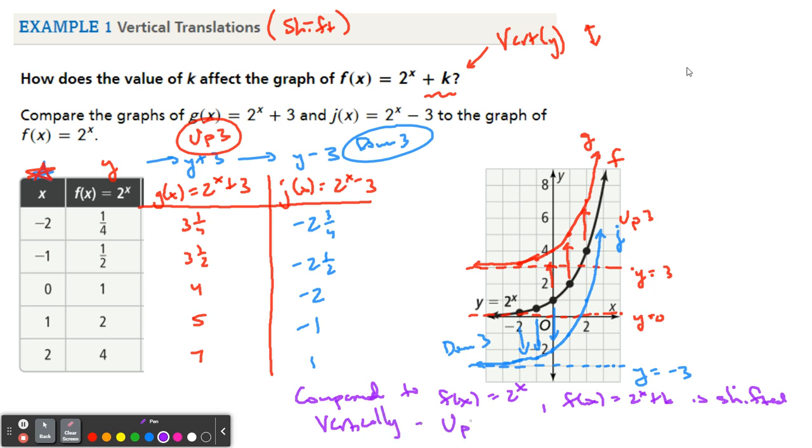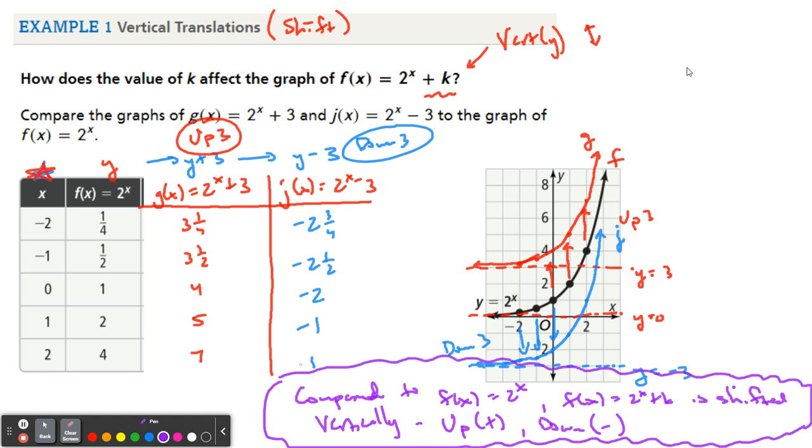You go up if it's a positive k, and you go down if it's a negative k. And that's the exact same thing that happened with our linear functions. If it was a plus k at the end, it went up. If it was a negative k, it went down.